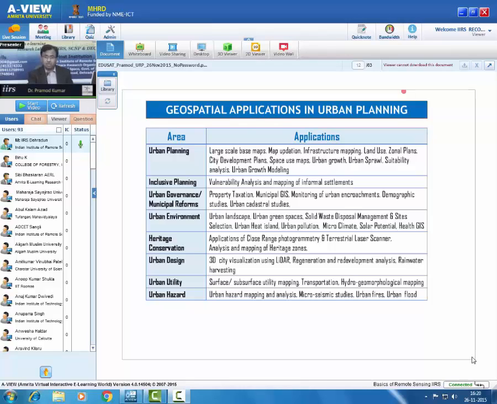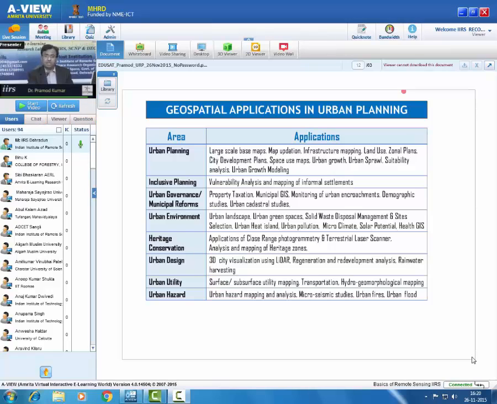We can look at urban growth, sprawl, suitability analysis, and based on other drivers, we can go for an urban growth model. In inclusive planning, we can look into vulnerability analysis and mapping of informal settlements.